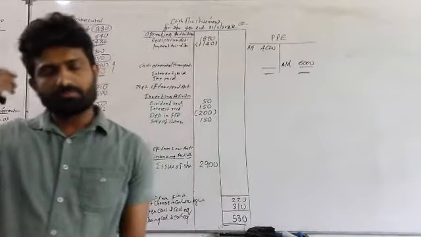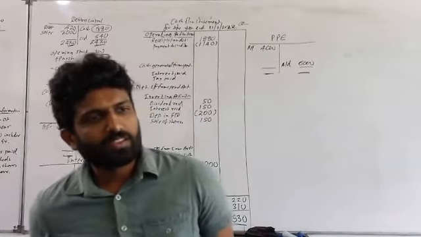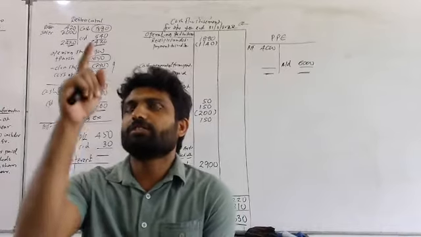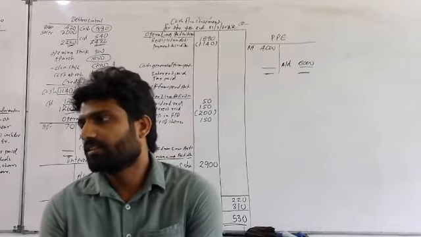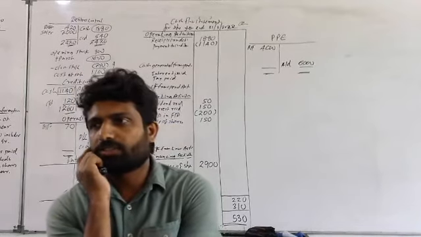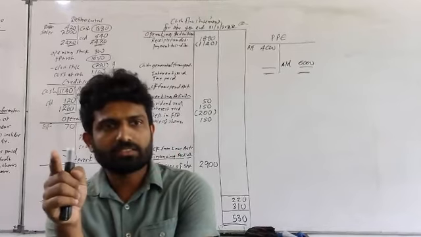Yeah. Just imagine if you prepare the statement of changes in equity, as the opening balance, you put 200. Then what are the other things you record there? Opening balance, then profit for the year, total comprehensive income, then the annual profit will come there. What are the other things?